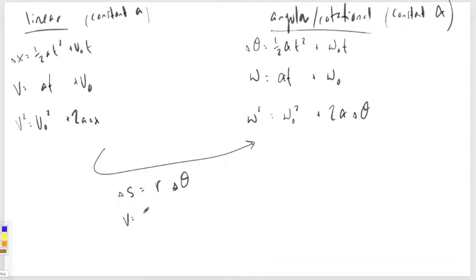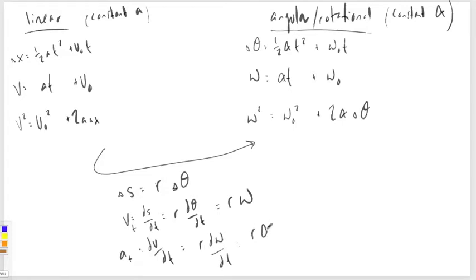Velocity, which is the time derivative of that, is going to be equal to the radius times the time derivative of angle change, which of course is equal to r omega. That would let you get from linear tangential velocity to angular rotational velocity. And then of course tangential acceleration is dv dt, which is just going to be equal to r d omega dt, which is equal to r alpha.